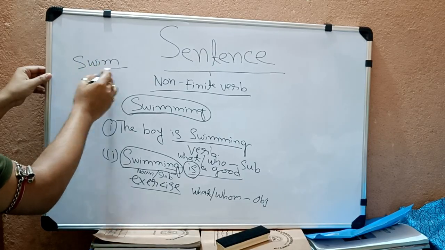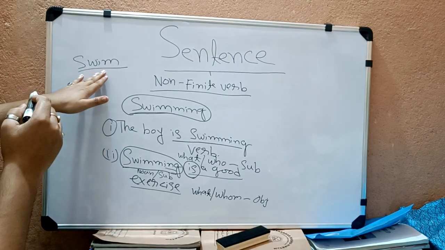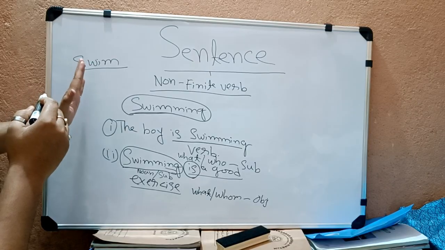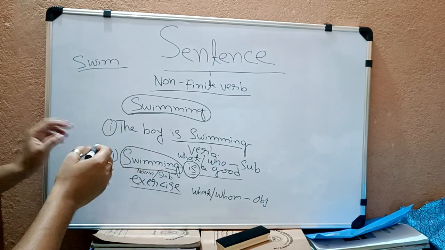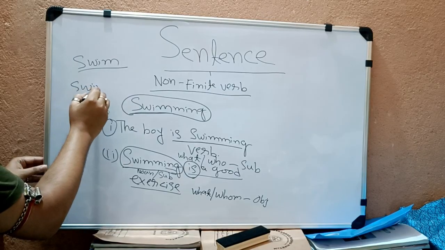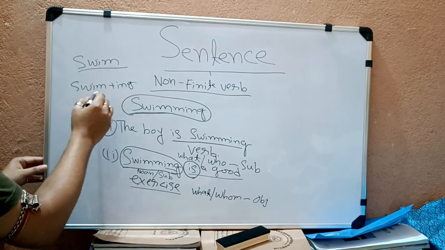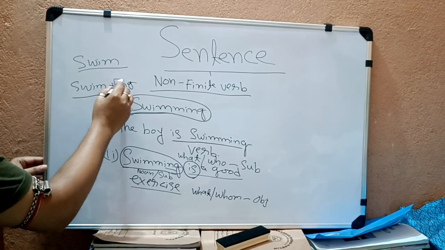We can use swim in an imperative sentence as a verb in the beginning of the sentence, but we cannot use swim plus ing. That's why there is an ing form.